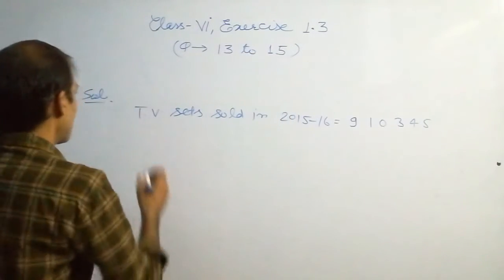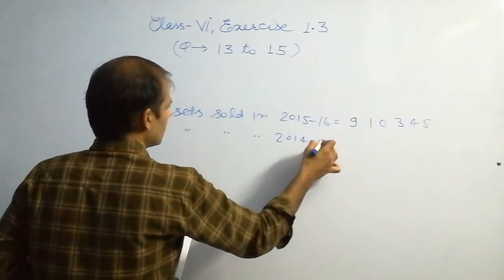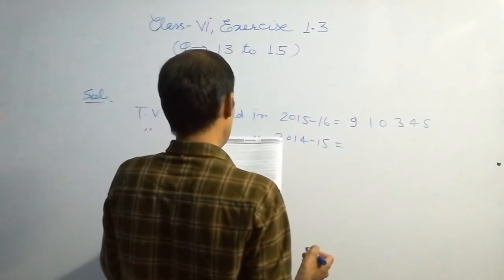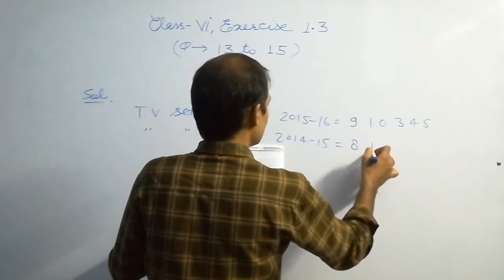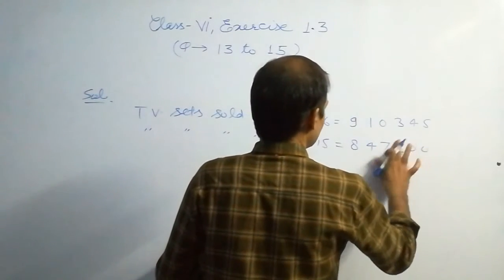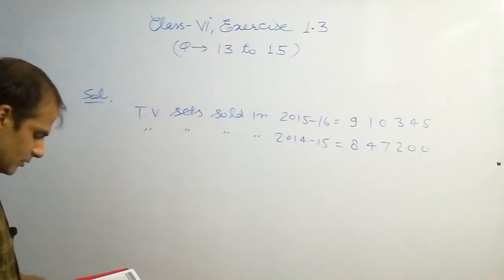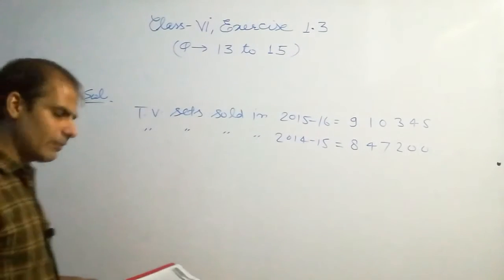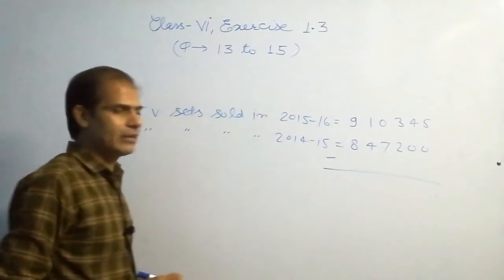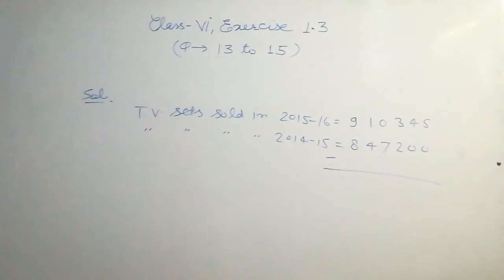All right, and TV sets sold in year 2014-15 equals 847,200. Okay, now question is, in which year were more TV sets sold? So we have to perform subtraction, put the minus sign, and you can subtract the numbers here only, okay.